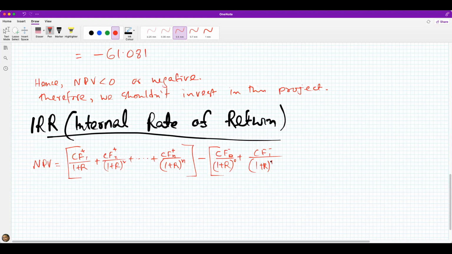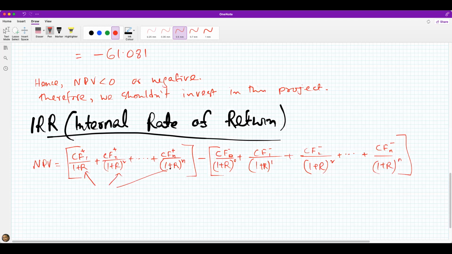No problem if you do not understand this equation. This is the same thing that we have already done. So this is the mathematical expression of net present value.